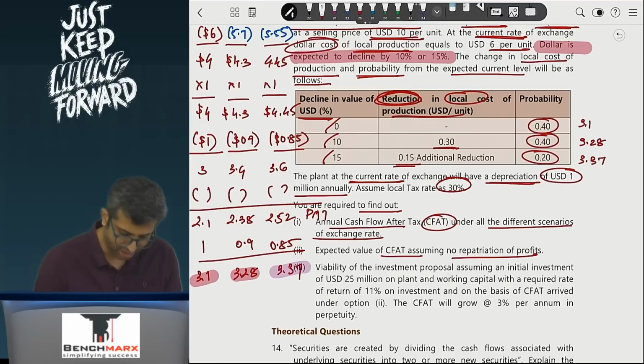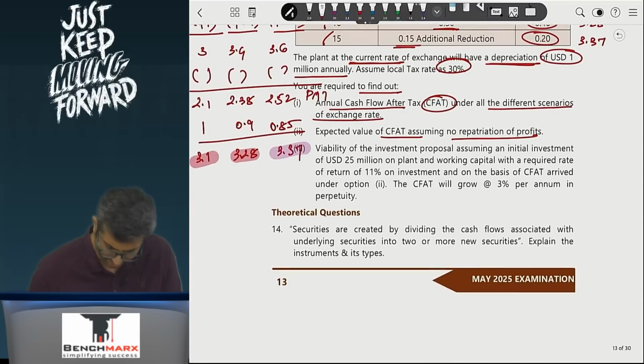So if I look at this, 3.1 into 0.4 million plus 3.28 into again 0.4 million plus and 3.37 into 0.2 million. So this is approximately 3.226 or 32 lakh 26,000.